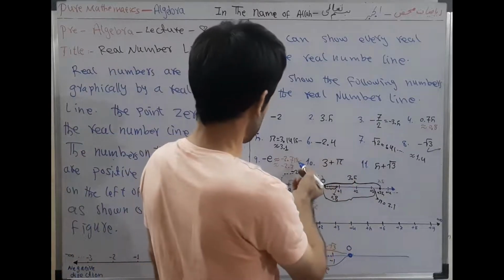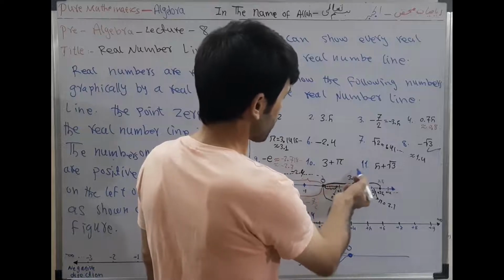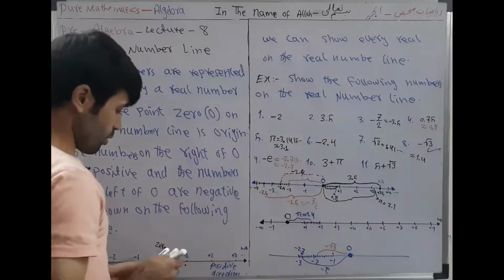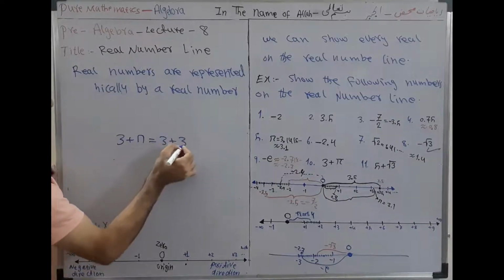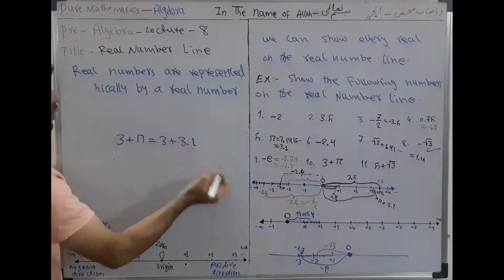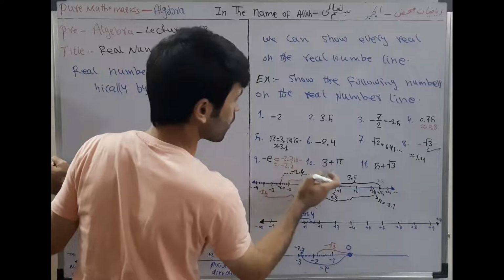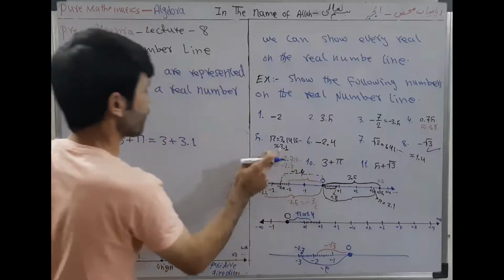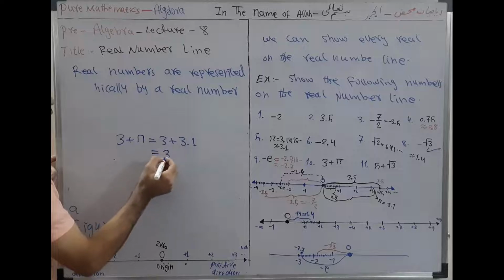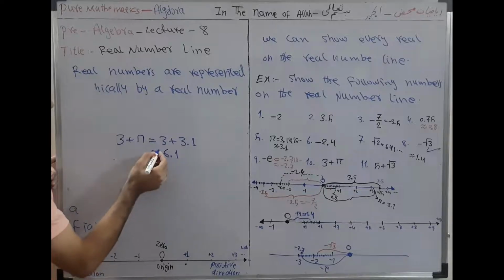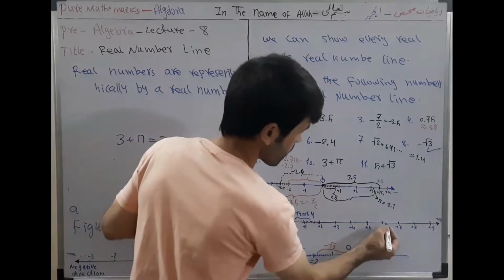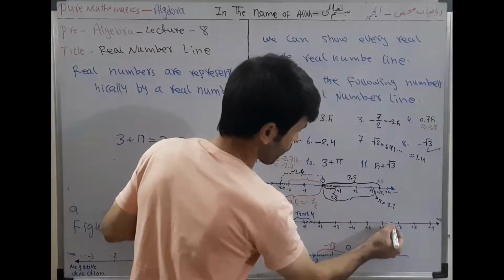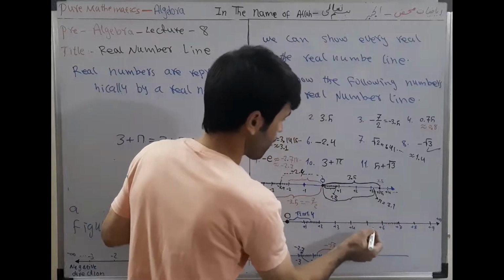And 3 plus pi. We have 3 plus pi, which is equal to 3 plus 3.1. Pi is approximately 3.1. If we add these two numbers, it is approximately equal to 6.1. 1, 2, 3, 4, 5, 6, 7, 8, 9, 10.